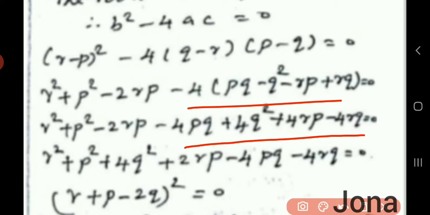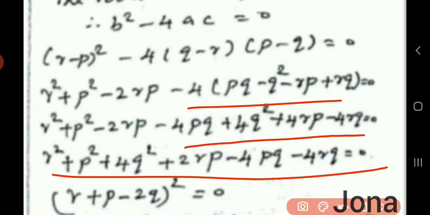So now we want to arrange these things like this: r square plus p square plus 4q square and then 2rp minus 4pq minus 4rq equal to 0. So this is in the form of (a plus b plus c) the whole square, isn't it? So I want to simplify this into (r plus p minus 2q) the whole square. If you expand this, we will get this previous term here.